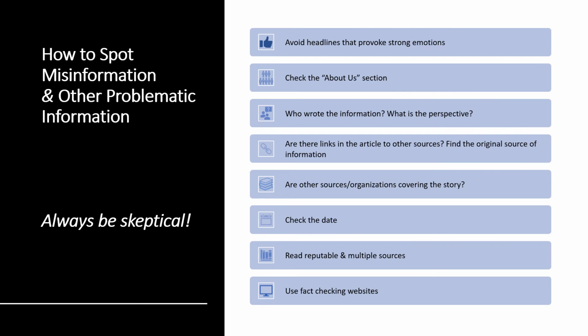In general, read as many sources as possible. Or if you're watching news on TV, try to watch news on various channels. That way you can understand a story more fully if you're getting it from multiple sources. Use fact-checking websites. There are many out there. I'll show you a few. These can really help you to understand the validity, the credibility of a given story.